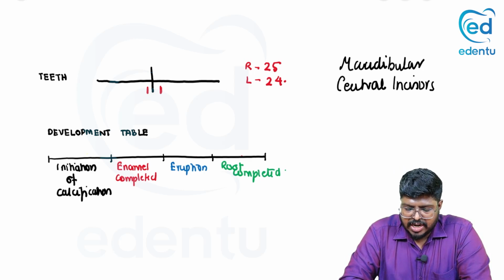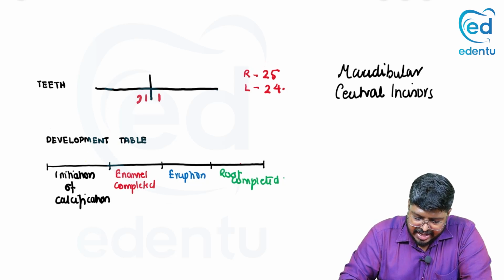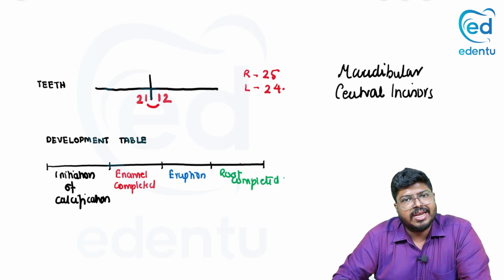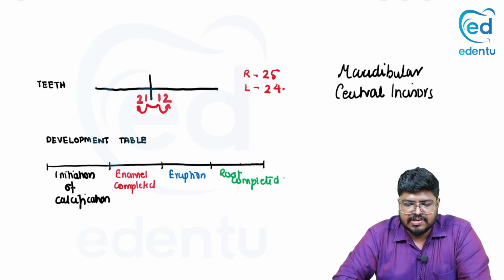When we come to the general characteristics, this is adjacent to the lateral incisors that are present. So, mesially they border each other and laterally they are bordered by the corresponding lateral incisors.